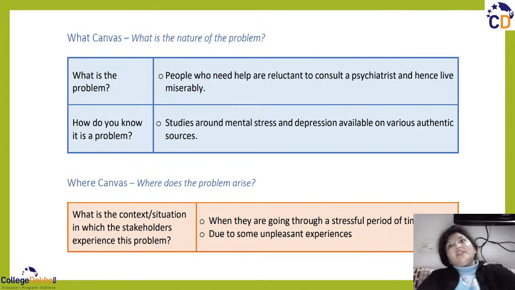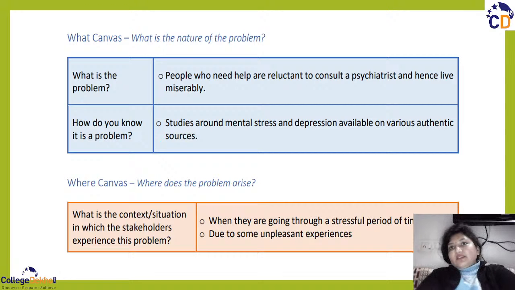It is basically during the stressful period of time, when they are actually feeling bad and not able to share their feelings. This is the stressful period where a person gets into the onset of depression, due to some unpleasant experiences.